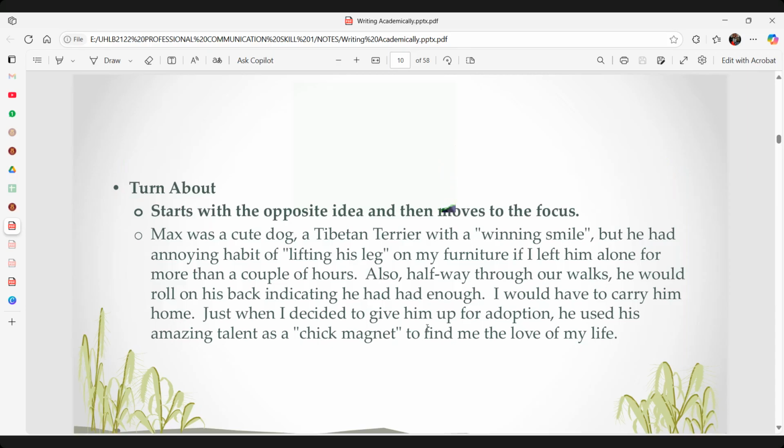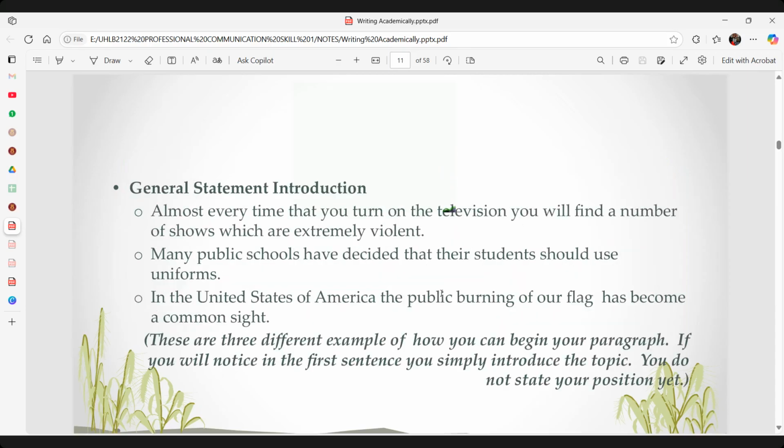Okay, next, general statement introduction. I believe most of you will be using general statement introduction. Why? Because this is the easiest, the safest, and it will not be wrong. So let's take a look at the example.